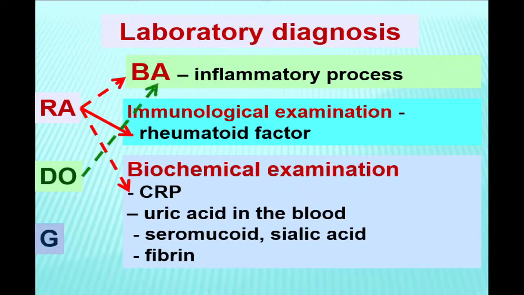Deformed osteoarthritis. No specific laboratory indices, only during period of exacerbation. Maybe some inflammatory reaction in common blood analysis, maybe increased level of seromucoid, sialic acid or fibrin, but specific indices may be revealed only on X-ray examination.